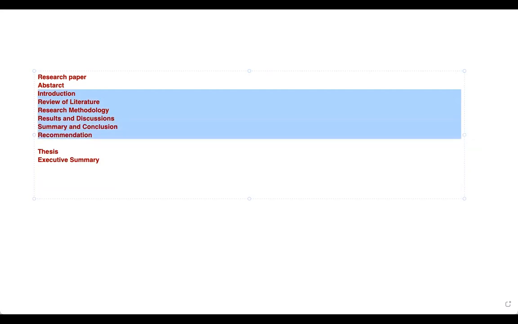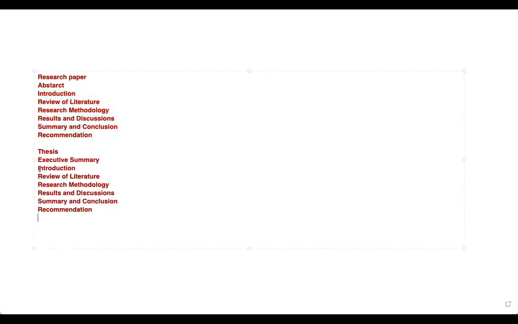Now, next is if it is going to be a research paper or article. If it is going to be a thesis, everything has to be in detail. Okay? When you do these small 10-14 page papers, you will have to do it in 200 pages. The executive summary, okay, then introduction, review of literature, all this will remain the same. Okay, all of you?